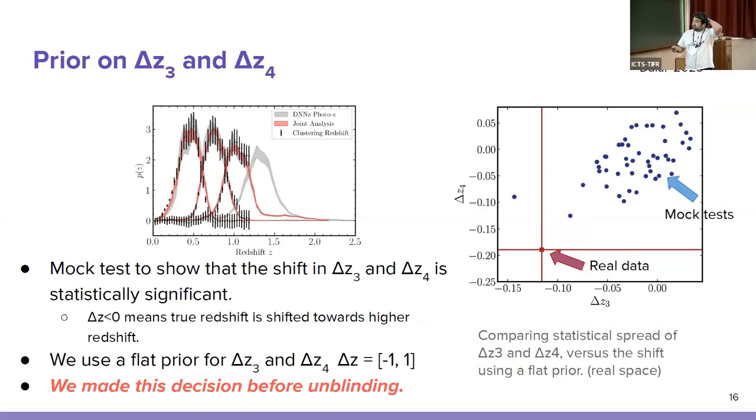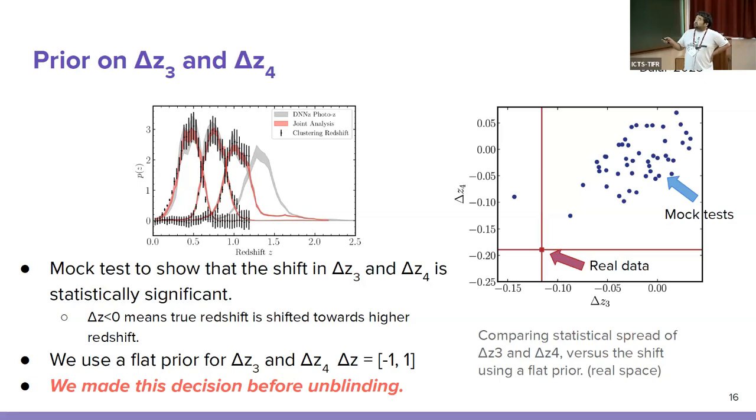Let me make a comment on the photo-z shift. As I said, we use a flat prior from -1 to 1, and what we found is that the best-fit values are delta z3 of about -0.12 and delta z4 of about 0.18. This could still be within noise fluctuations, so we did a mock analysis. In this mock analysis, the data vector does not have any photo-z shift, but we used the covariance from our analysis.